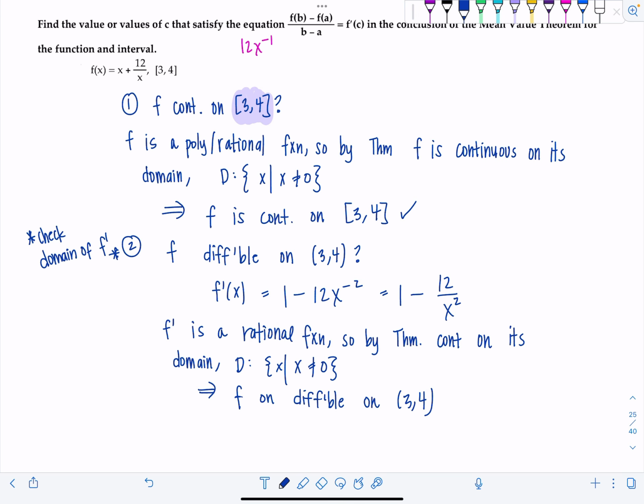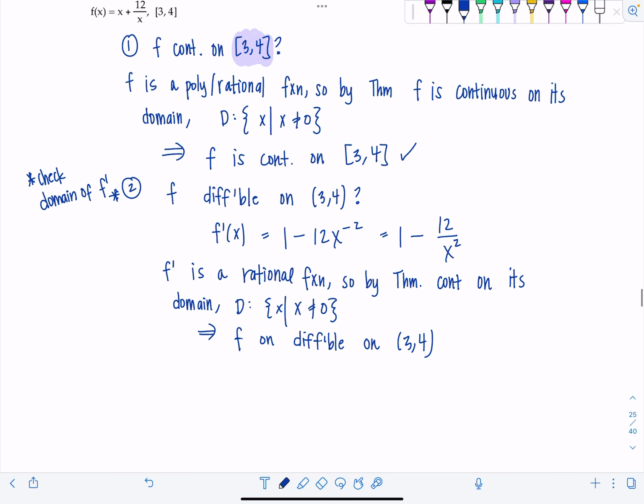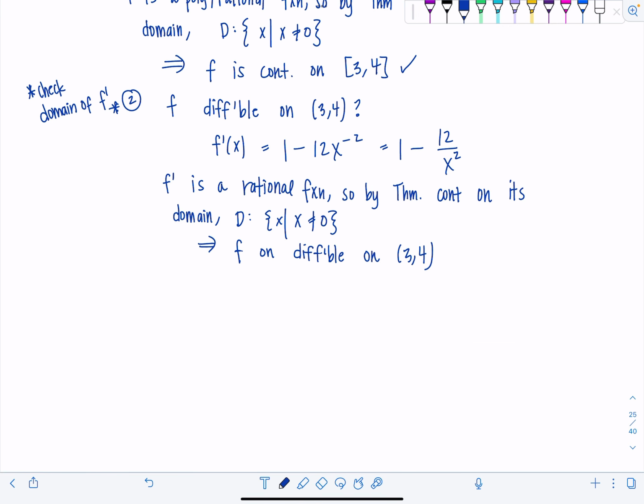Great, so that means we can go ahead and apply the mean value theorem. So this means there exists, or you could use this symbol, a number c that belongs to the open interval from 3 to 4, such that f prime of c equals f of b minus f of a over b minus a.